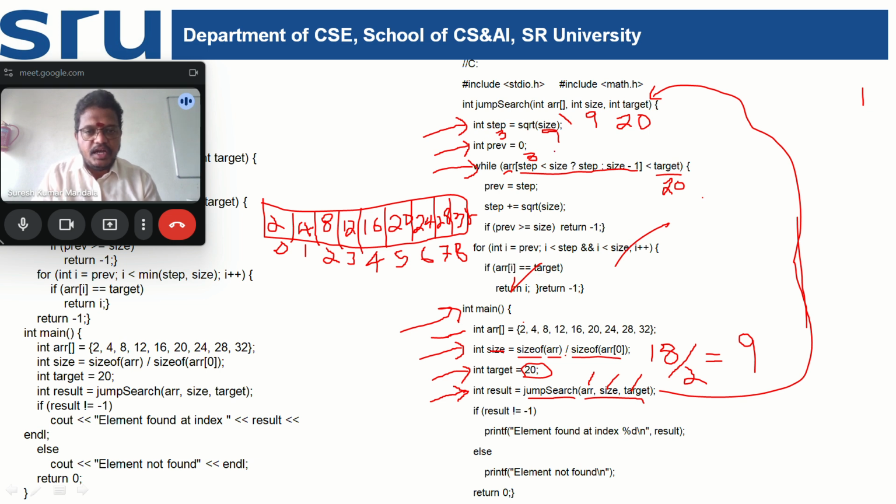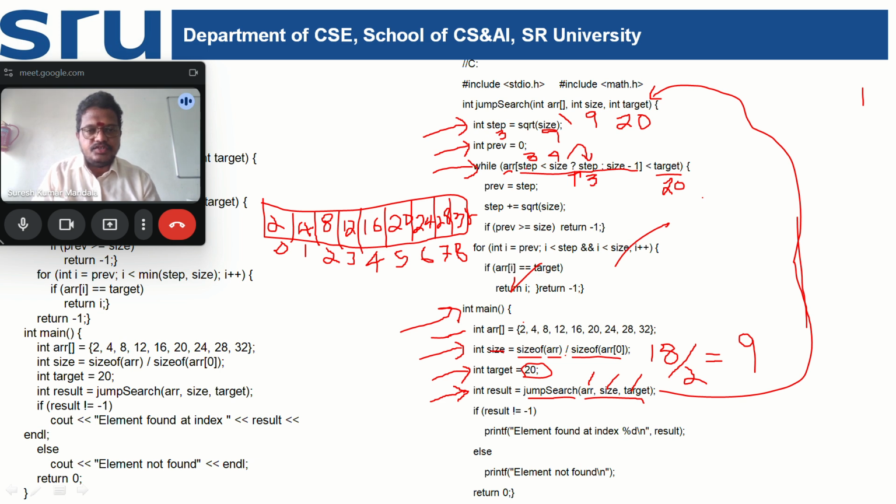What is the size we are having? The size is 9. So see this condition: 3 is less than 9, the condition is true. When the condition is true, the step value will be executed. This question mark symbol is called the ternary operator. If you know the C language, you can understand it.